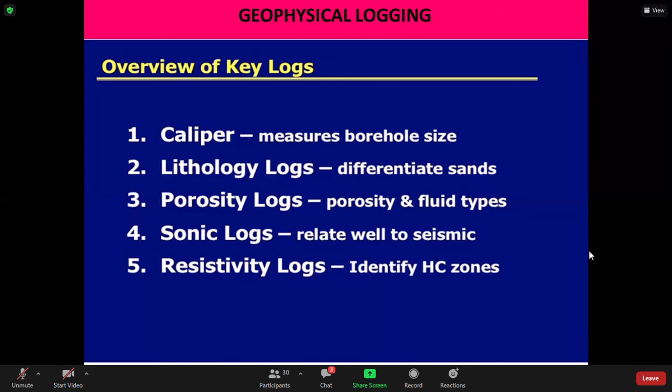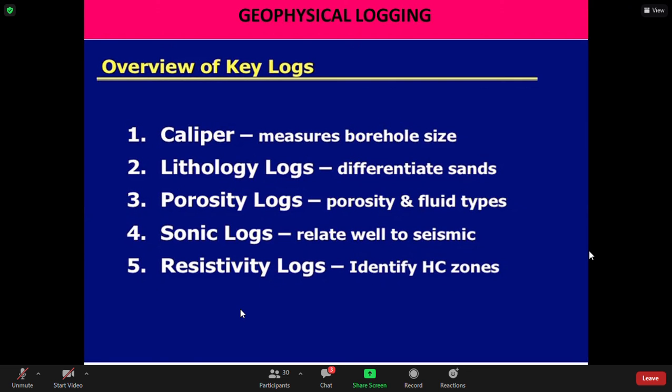So resistivity logs, how can they help us? What do we use our resistivity logs for? We use resistivity logs to discriminate different fluid types in each formation. Okay, they can help us to discriminate the fluid types.